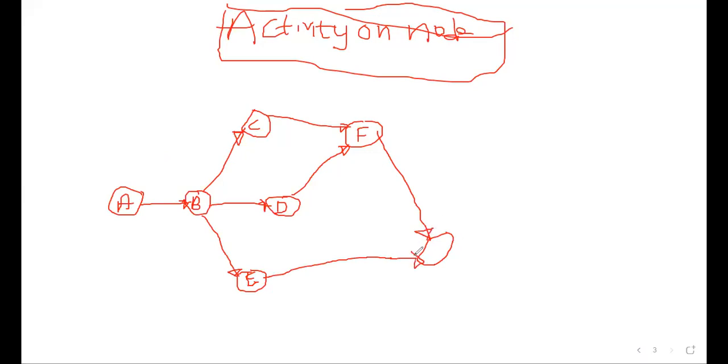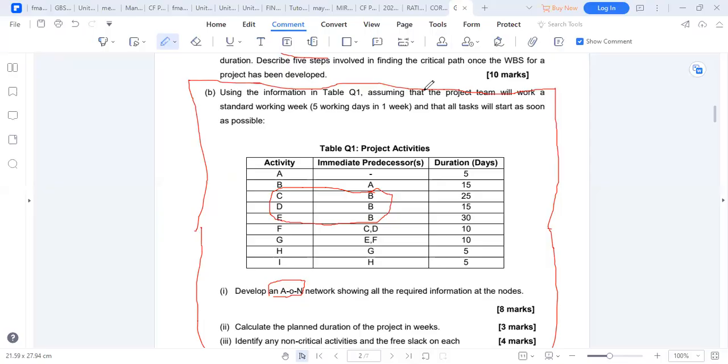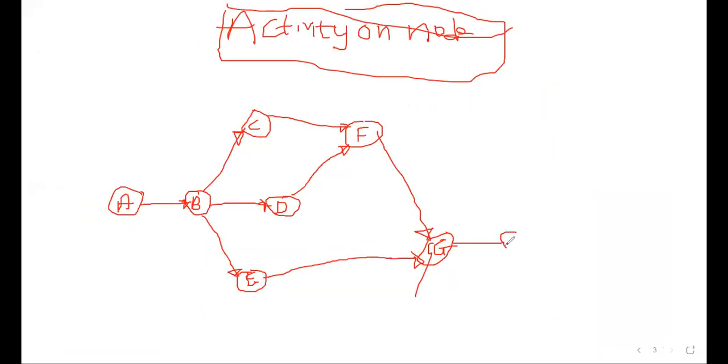E and F, there is a G. Then after G, there is H. So there is H here. Then after H, there is what? There is I.